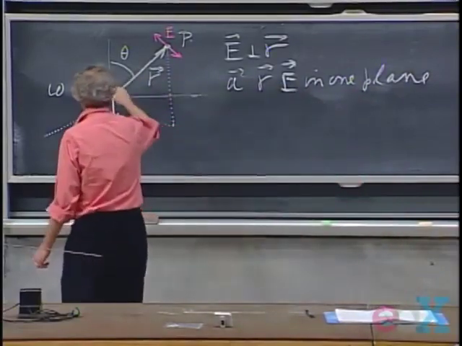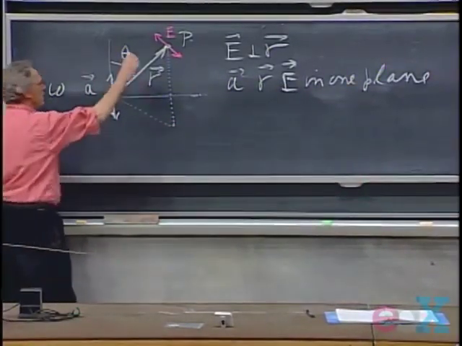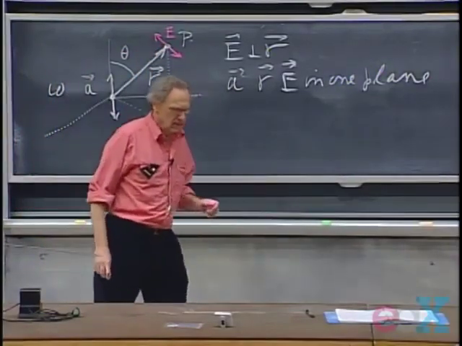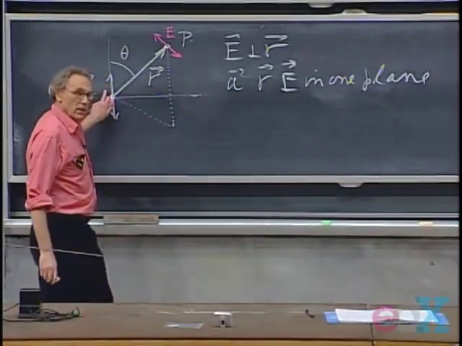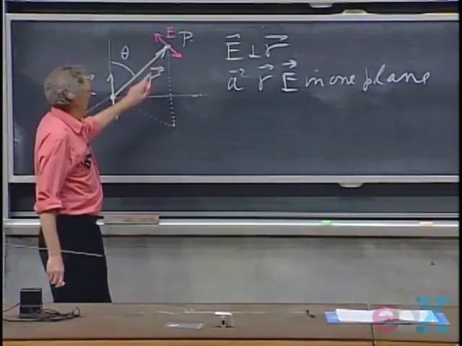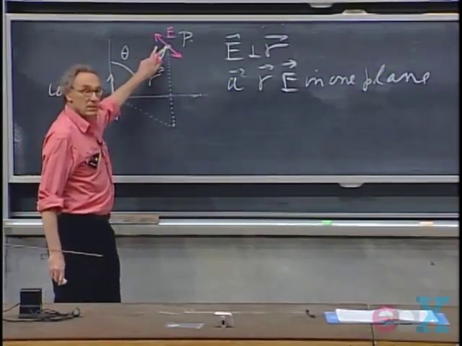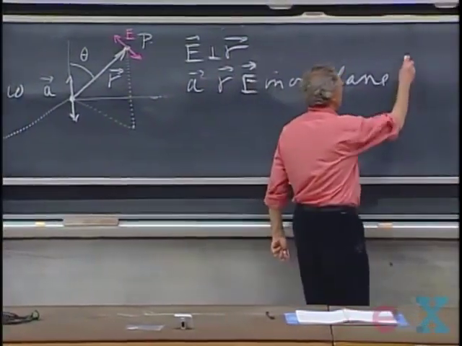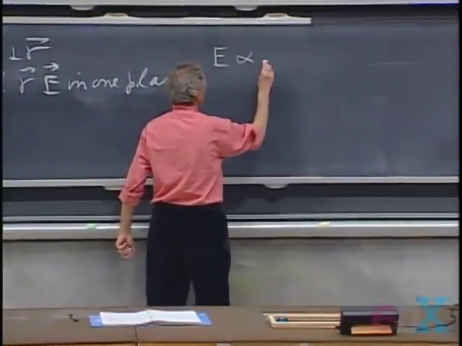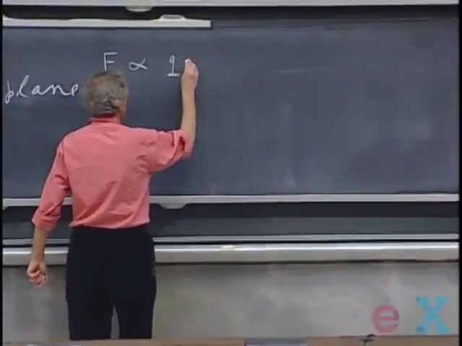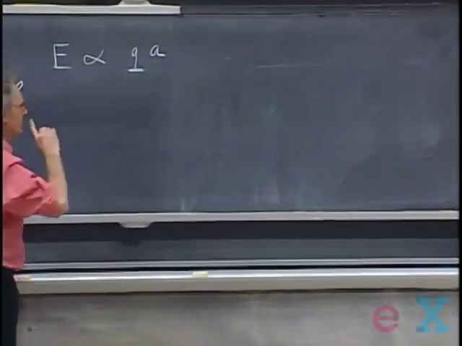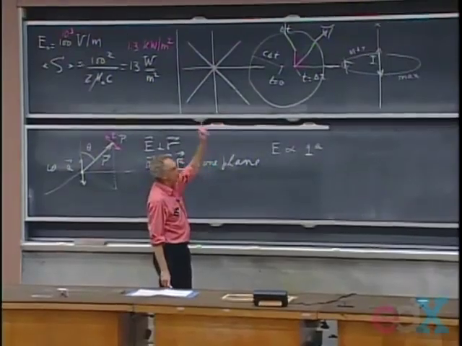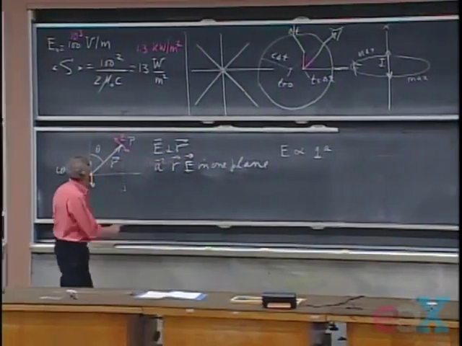So if this is oscillating with angular frequency omega, then this electric field will also be oscillating with that angular frequency omega. If you double the charge, the electric field will double. If you double the acceleration, the electric field will also double. That's reasonably intuitive. So the electric field strength is proportional to the charge that you oscillate and to the acceleration. And then there comes this effect that we discussed, that nothing goes out in the direction of the acceleration.